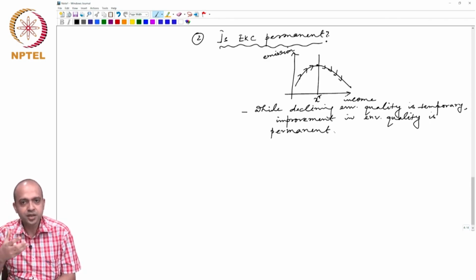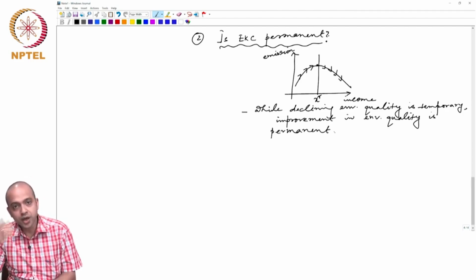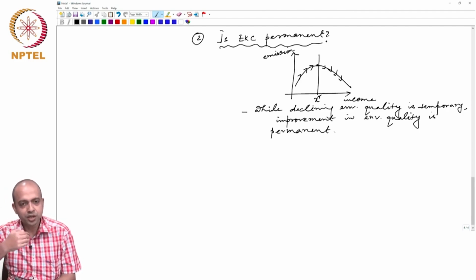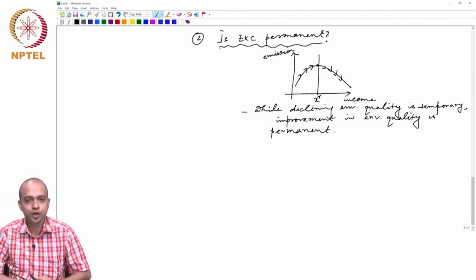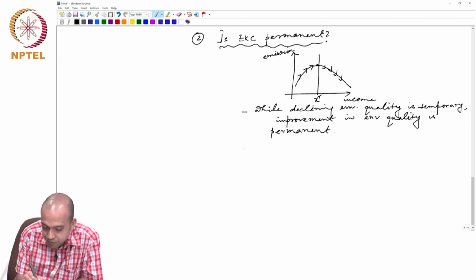Productive units become more and more efficient. That means they produce more output with lower and lower amounts of pollution. And why does it happen? Because of improved technology. Okay. So, what is the implicit assumption behind this?